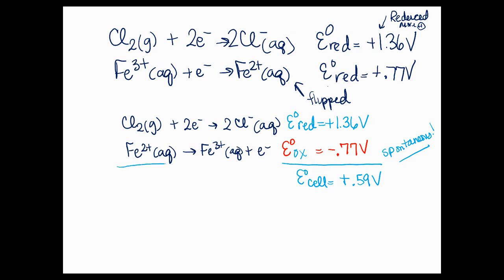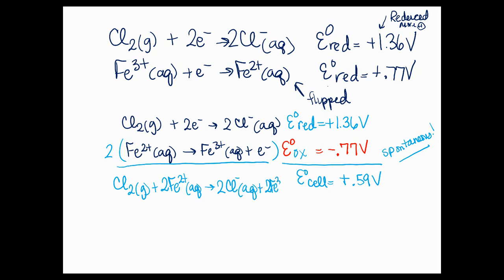Okay, and then these guys here, we now can add up. This has to have 2 electrons. Okay, so you have chlorine plus 2 Fe2+ to 2 chlorides and 2 Fe3+.